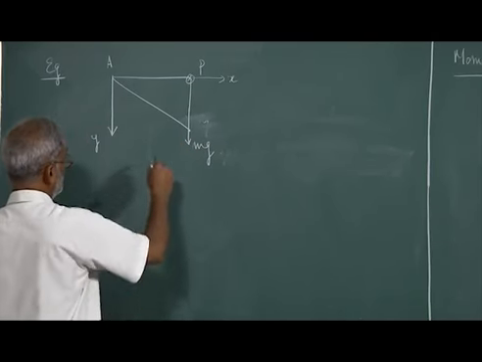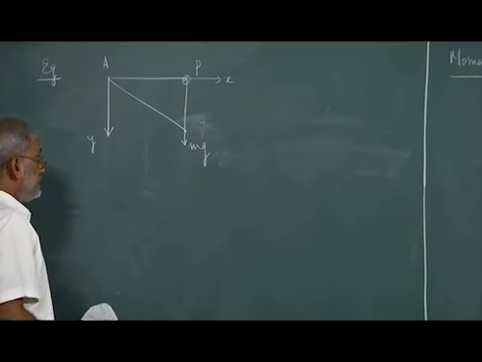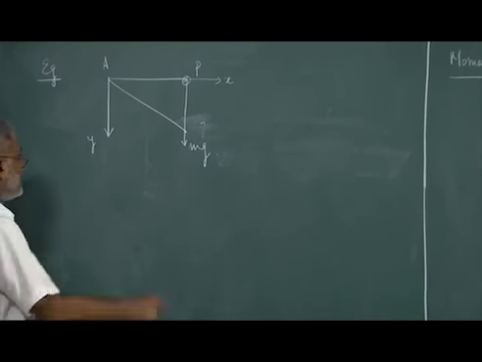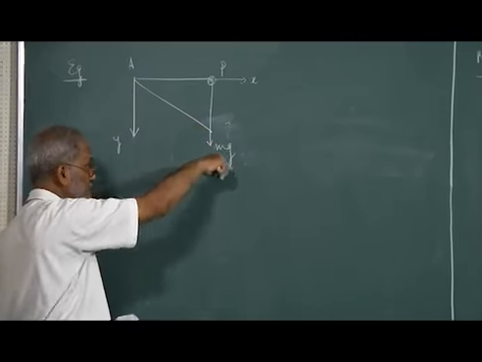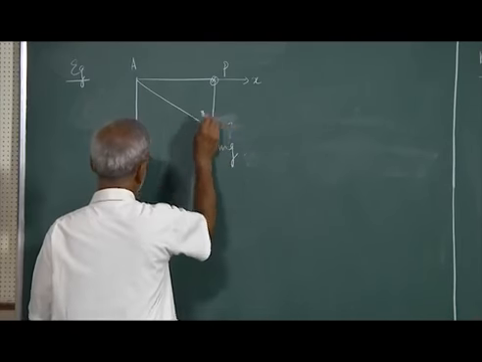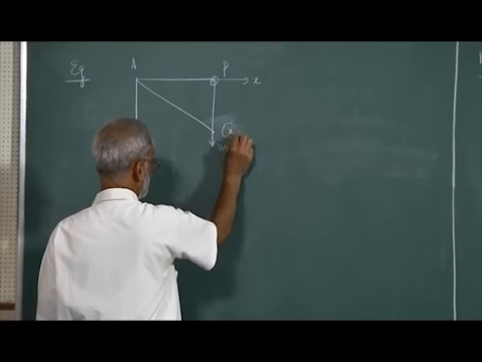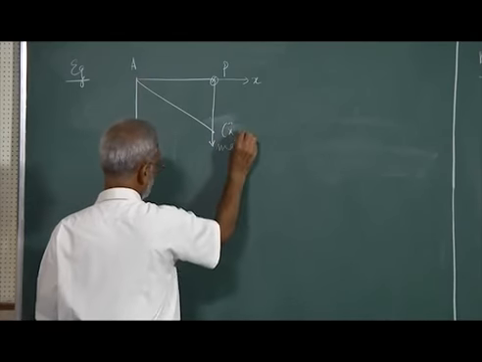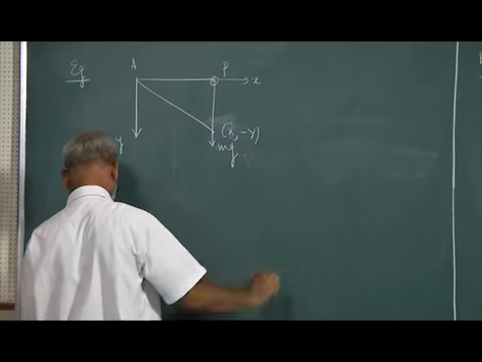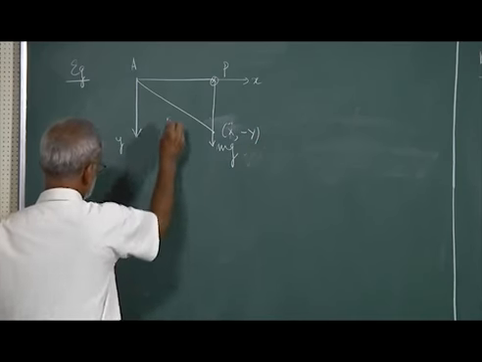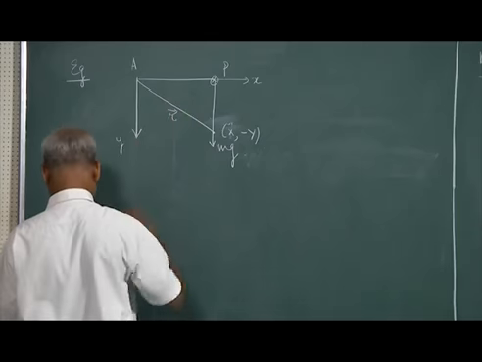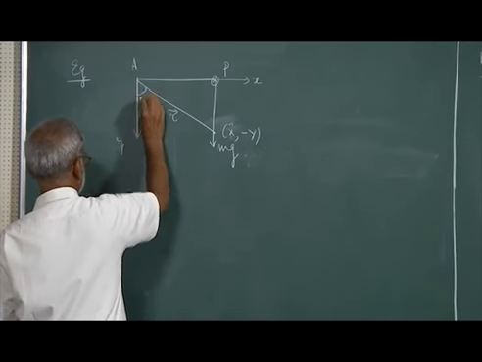I want to calculate the torque on this particular particle with respect to A due to the gravitational force. Now this is a quadrant, so here I will have this as x, and the y axis below, therefore minus y for a typical point. So this is the r vector, this is theta.